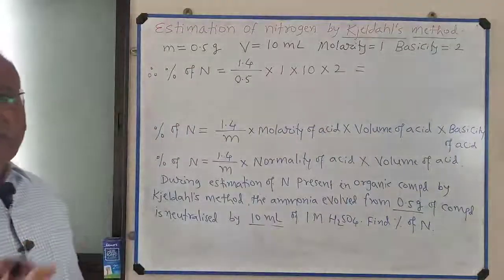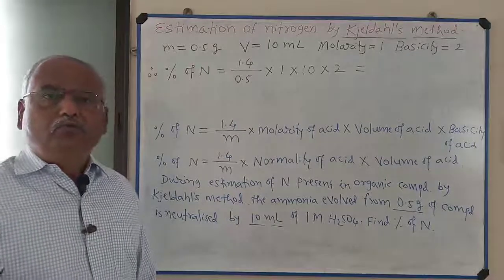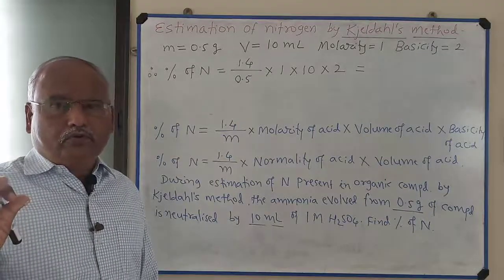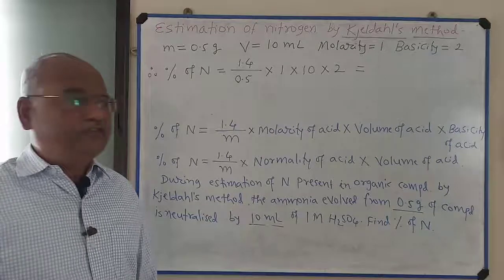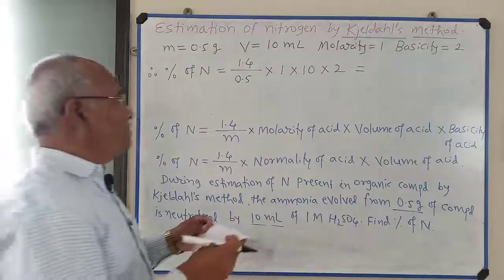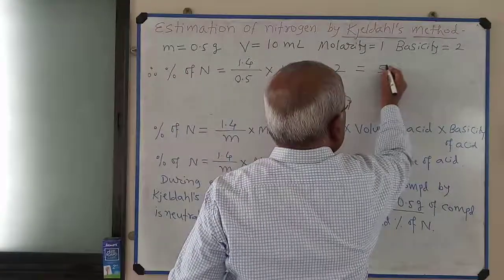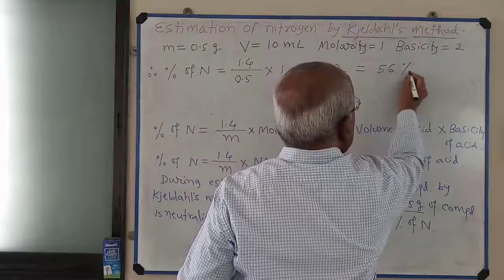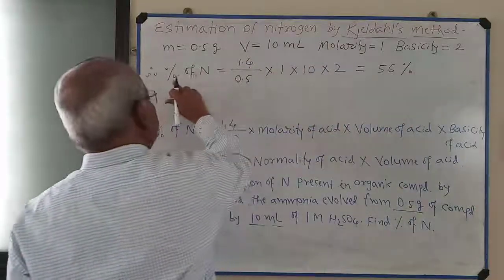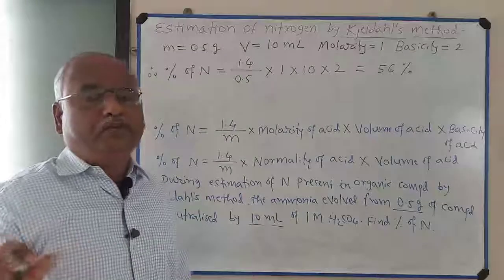You simplify this, simple calculations are there. I shall tell you the direct value, the value is 56%. So nitrogen present in organic compound is 56%.